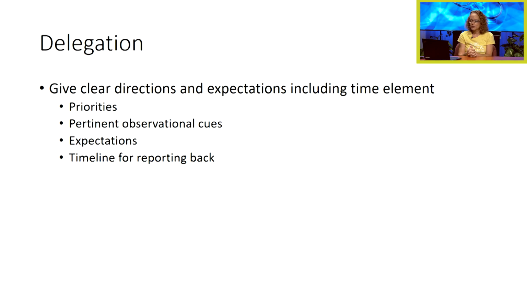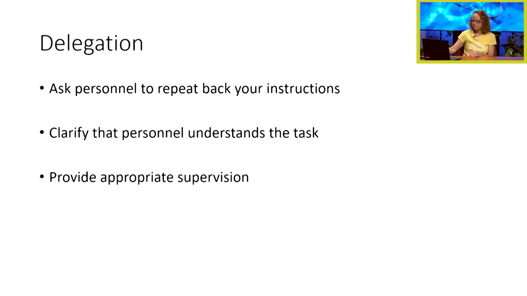A pertinent observational cue, for example: if you go to get Mr. So-and-so up, let me know if he has some pain, and I will come assess that pain, okay? The expectations, right? So what is your expectation for the skill? That they will come back and report it to you in a certain time frame, and so on.